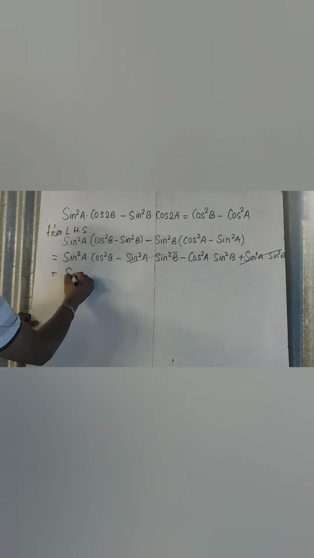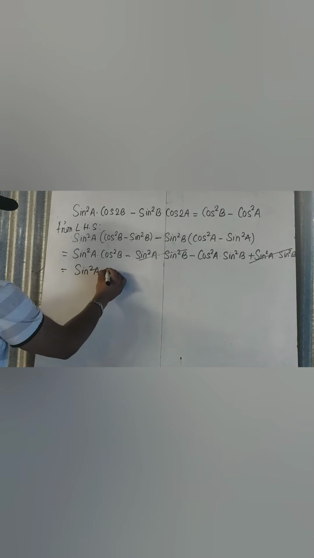What we have left is sin square A cos square B minus cos square A sin square B.